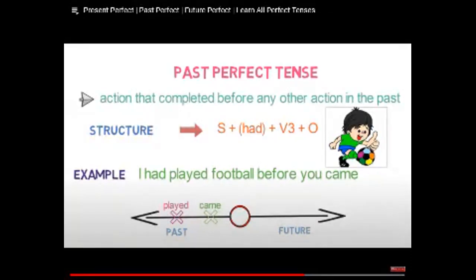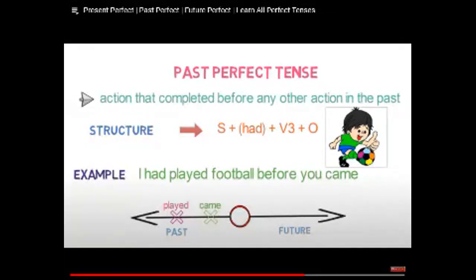But in past perfect tense, an action must be started in the past and completed in the past, before starting any other action. So that is called past perfect tense.